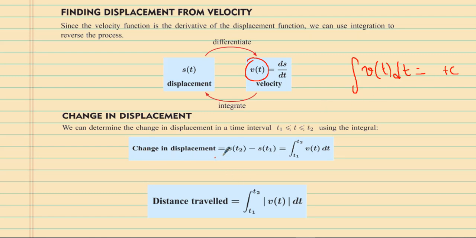Also, when you integrate you get displacement, but the distance traveled, the important part, is found by using the absolute value. You can do it easily with your calculator. With the absolute value it gives you the distance traveled; without it, it gives you the displacement, the main difference between them.